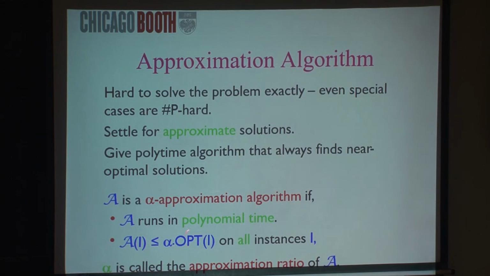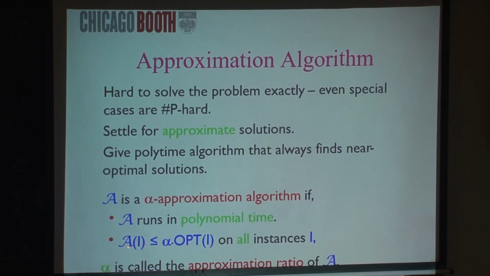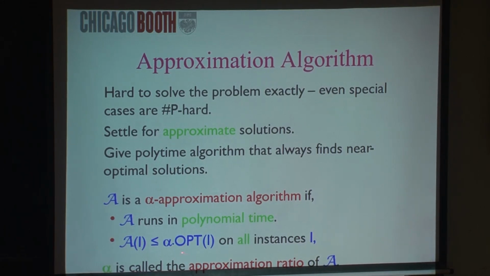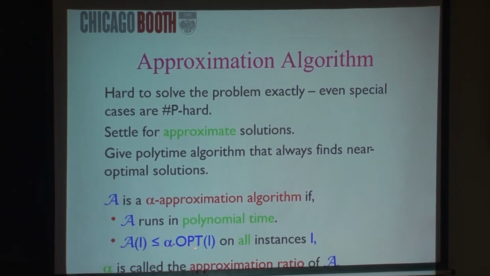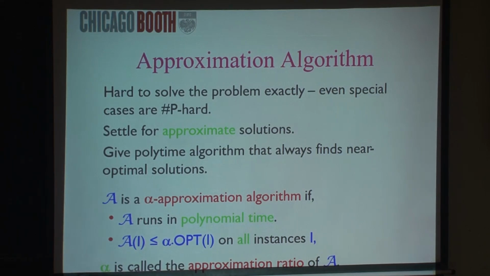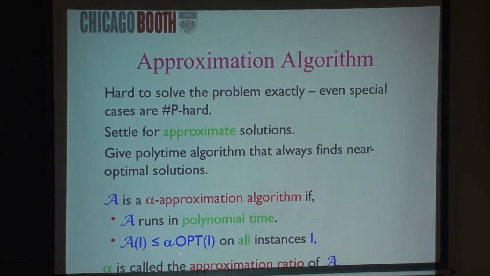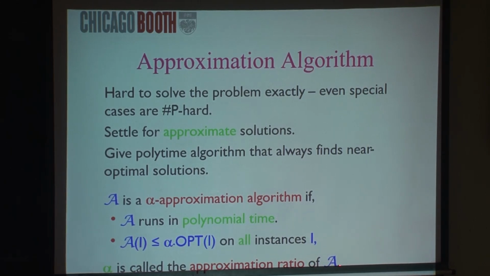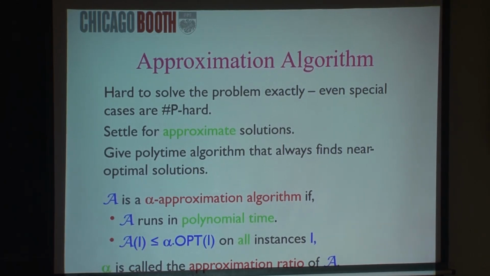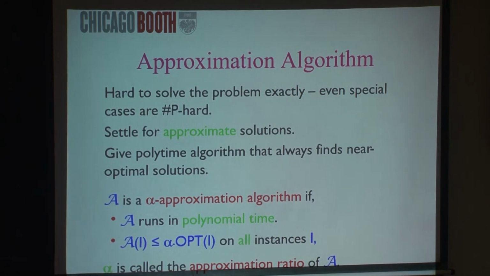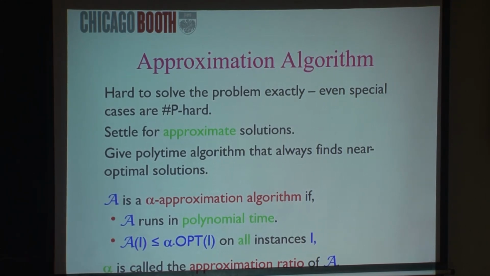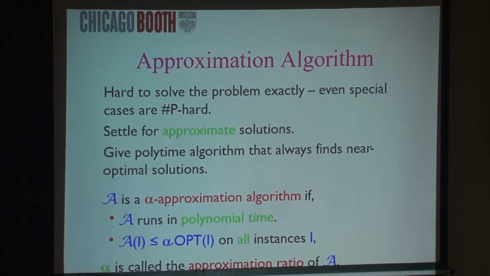So if the minimum cost is opt, then you're always within alpha of opt when you solve this problem. This alpha is called the approximation ratio of this algorithm. Okay, so we want to get an algorithm that guarantees us this kind of behavior.